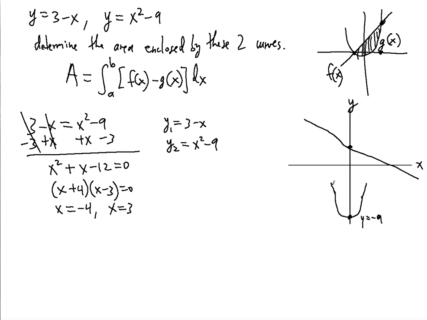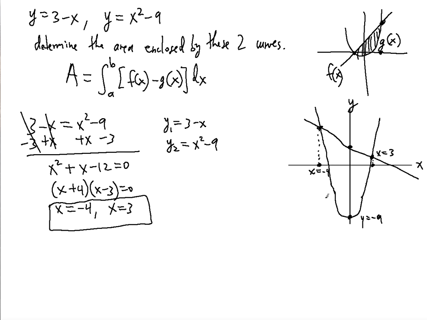Obviously, this parabola will intersect with that line right there, which is x equal to 3, as we just found from these limits. And x equal to negative 4 is here, and here x is equal to 3.